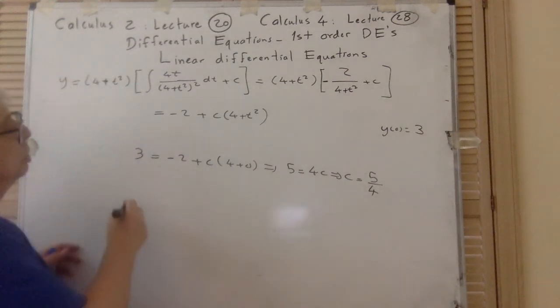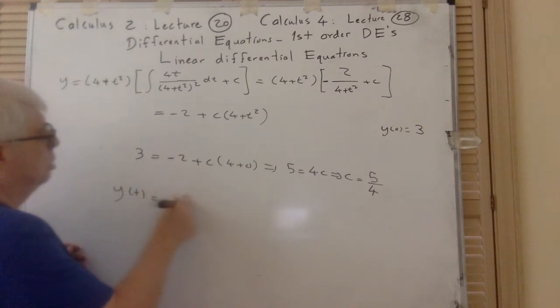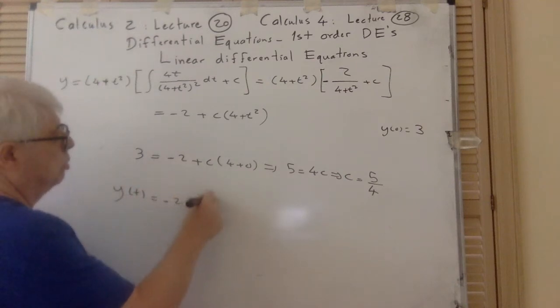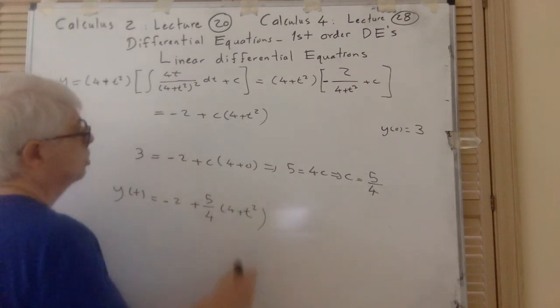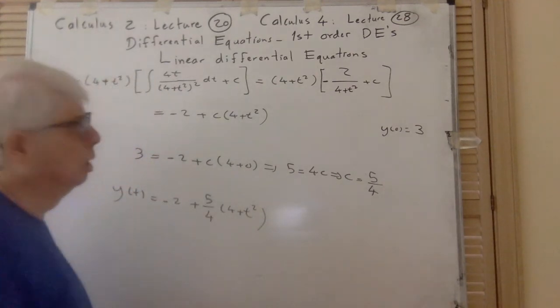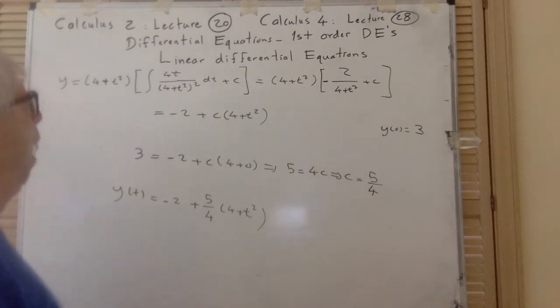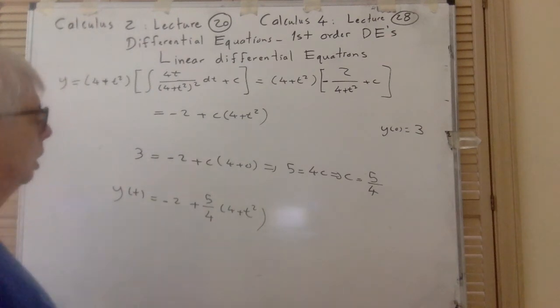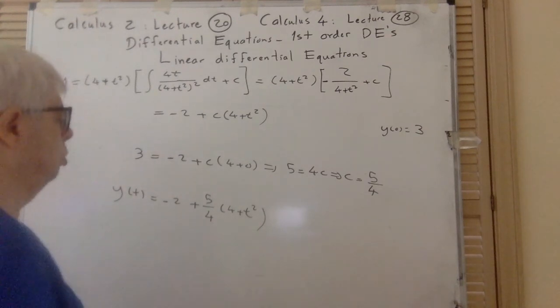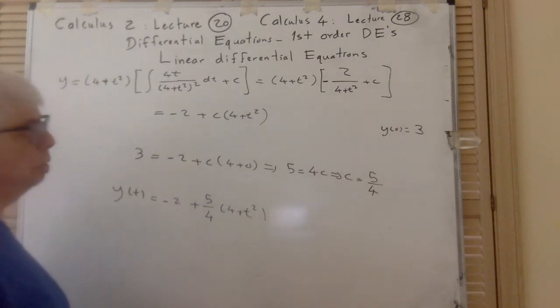So the solution is y of t equals minus 2 plus 5 over 4 times 4 plus t squared. That is the solution after applying the initial condition.